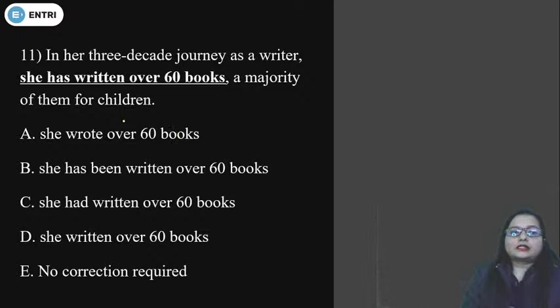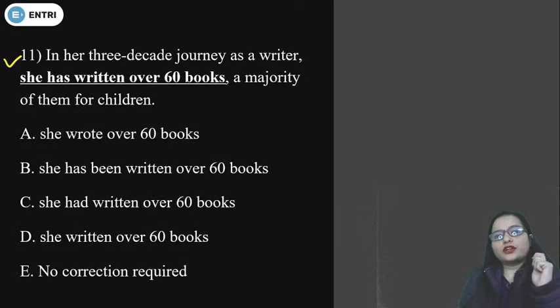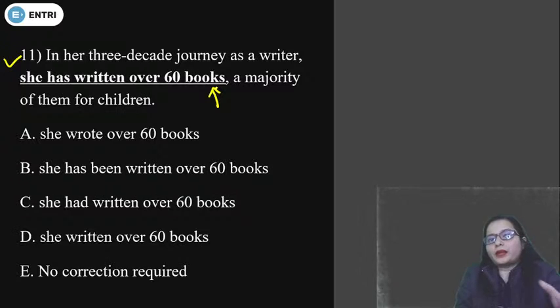Okay, so read the sentence. In her 3-decade journey as a writer, she has written over 60 books, a majority of them for children. So you can only replace this underlined part. Other than that, the sentence doesn't require any kind of changes. Okay.